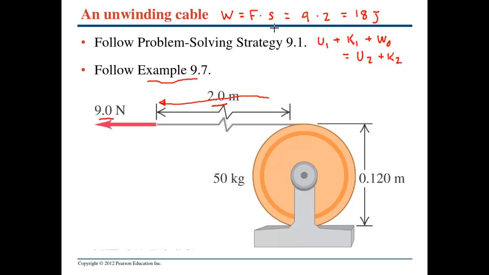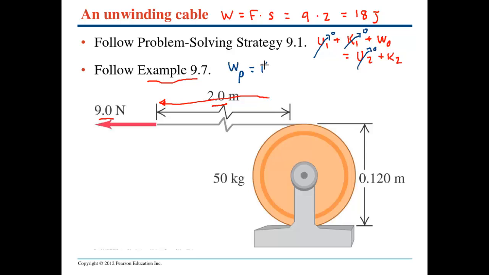Now we know that there is no potential energy in this system, so these terms are going to go to 0. And I also know that the wheel started from rest, so there was no kinetic energy to start with. What I'm left with is the work that was done by others. I'm going to call that work done by the pull now.